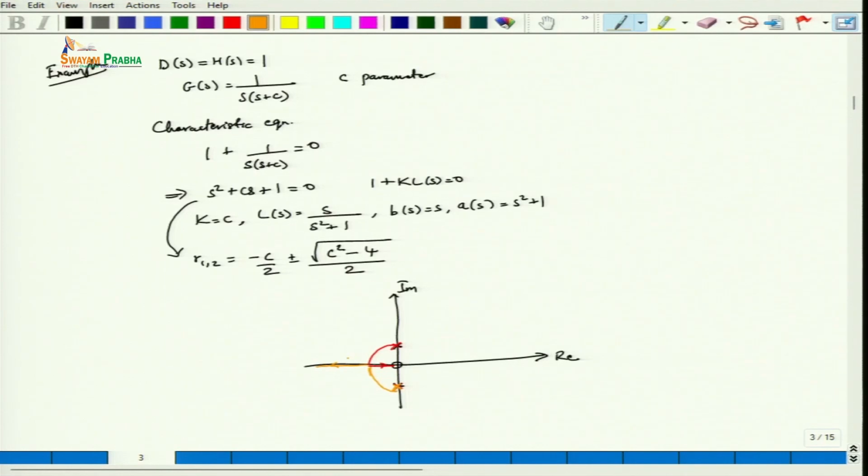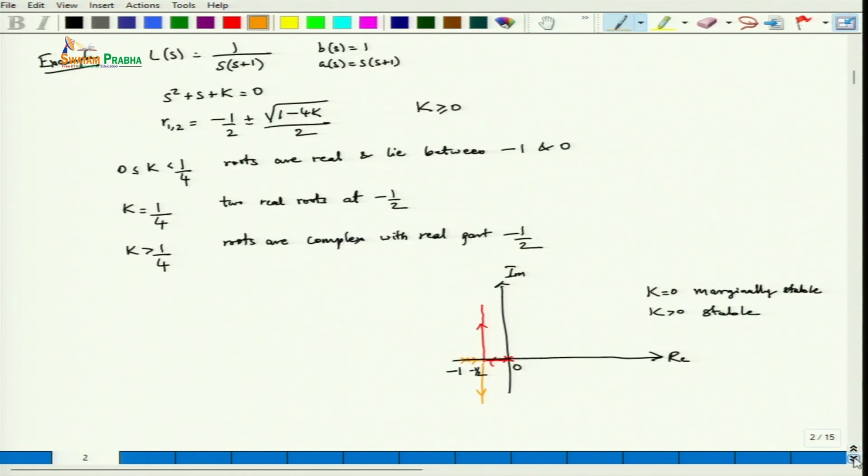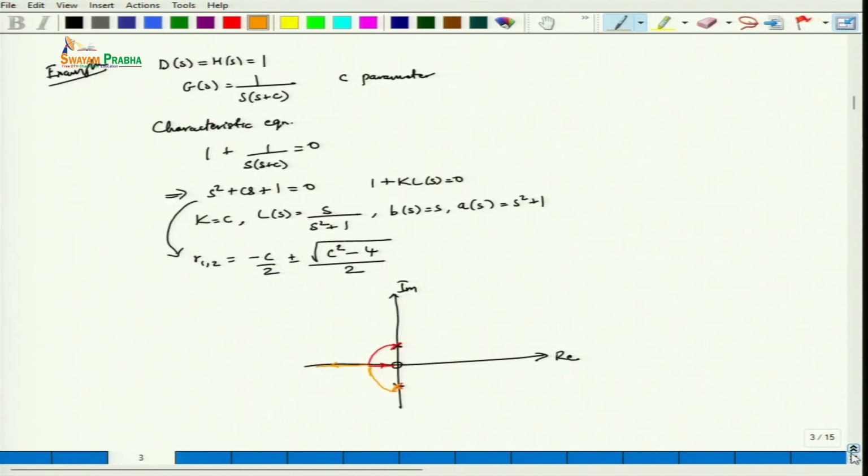So it will look something like this. This is more or less a rough sketch. So this represents the root locus. But the two cases we have discussed so far, if you see the equations, they are basically just quadratic equations which can be easily solved.